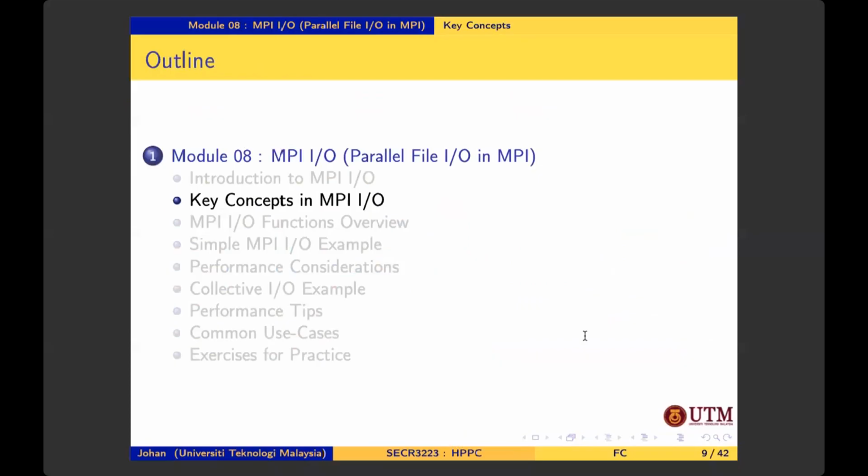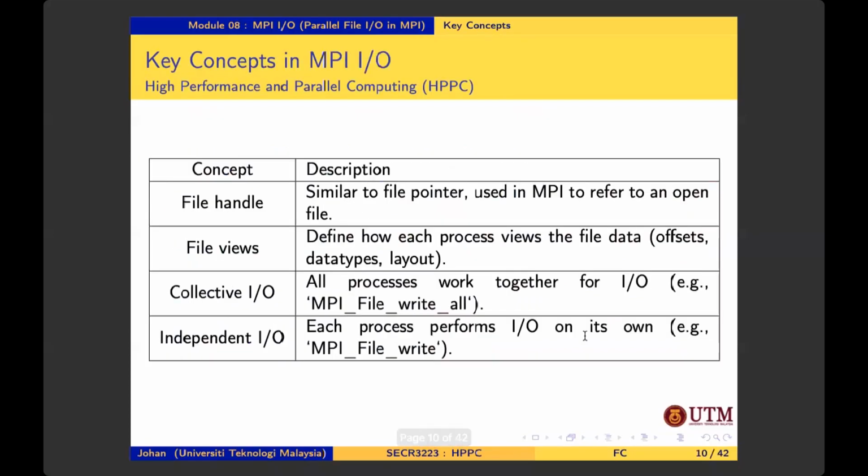So, key concepts in MPI I/O. The file handle is similar to the file pointer, used in MPI to refer to an open file. The file view defines how each process views the file data: its offsets, data type, and layout.